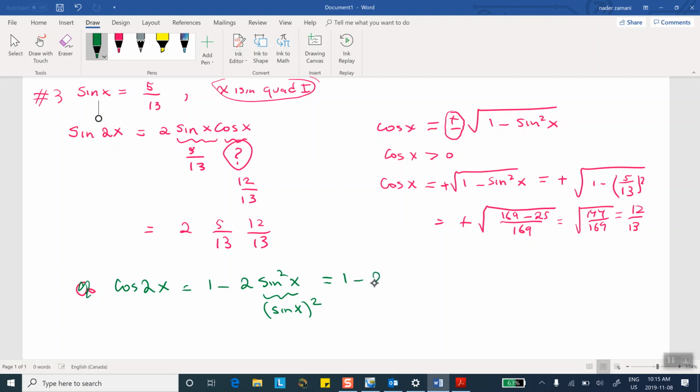So 1 minus 2, and we were given already 5 over 13 squared. And this is 1 minus 2 times 25 over 169. So this is 1 minus 50 over 169. And this is 169 minus 50 over 169. And that is, what is that, 119 over 169.